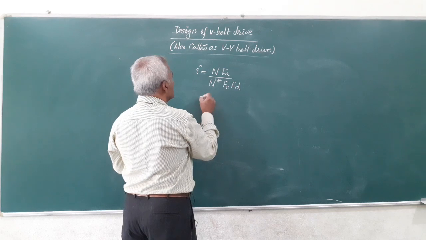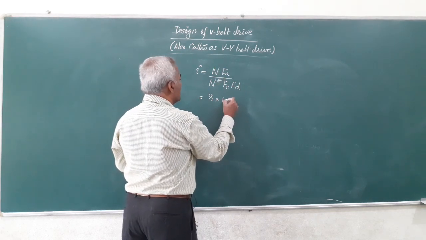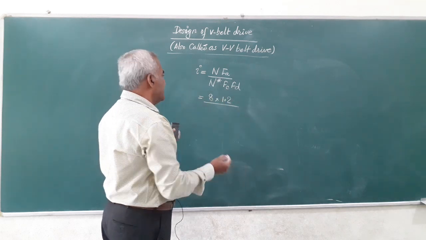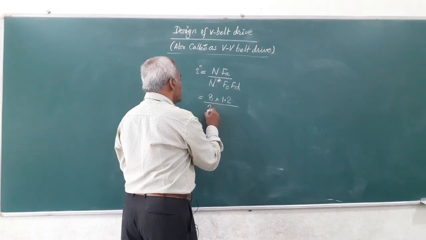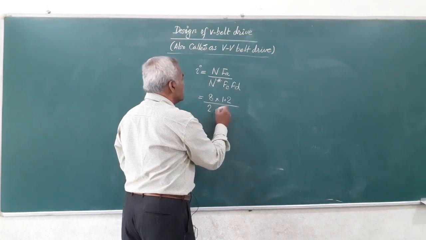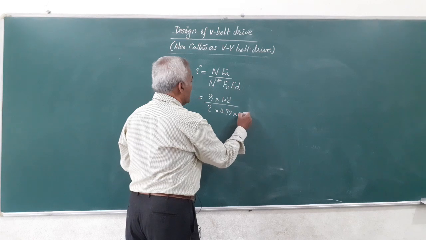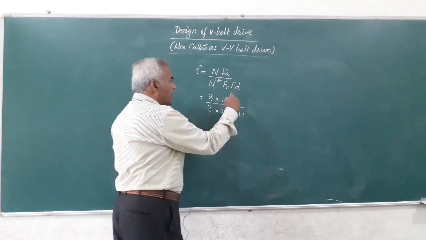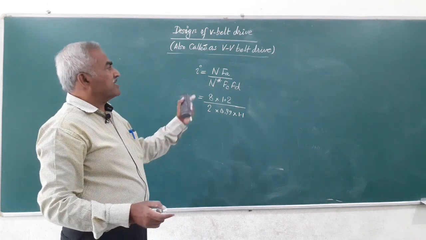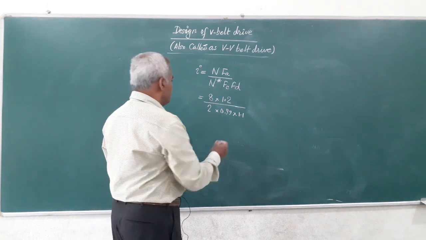Friends, N is the total power to be transmitted, that is given as 8 kilowatts, FA 1.2, N star, the power transmitted by each belt we have selected, say some 2 you are getting for the V cross section, then multiplied by FC is 0.99, and FD suppose say this is 1.1. So, all these values are simply assumed. Only when you refer to the data handbook, you will know what exact values of FA, FC and FD are.